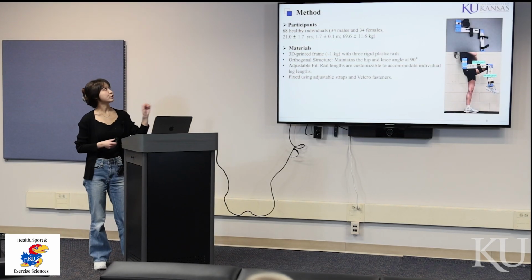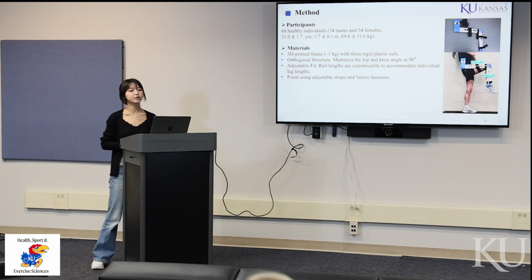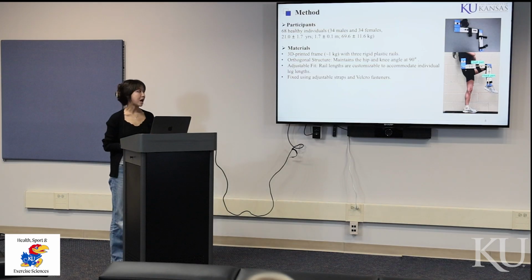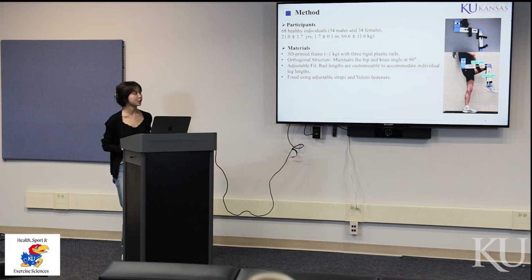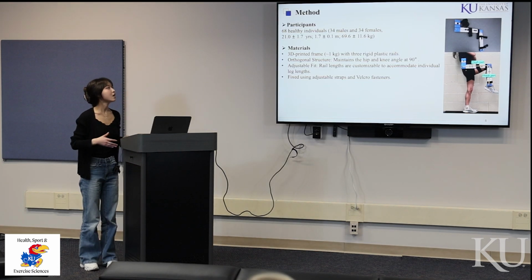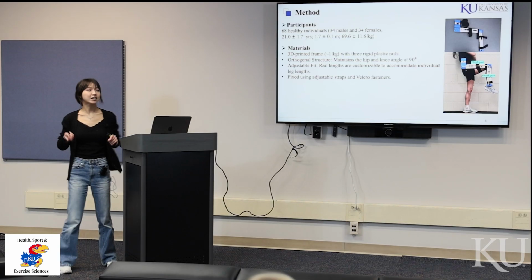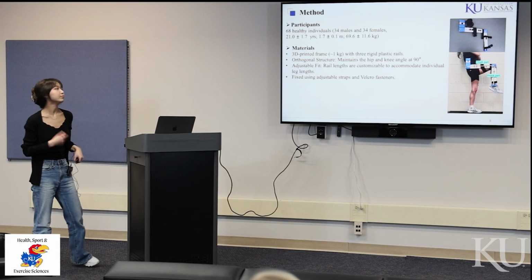For this research project, we recruited 68 healthy controls. For the external control condition I mentioned before, we use 3D print technology to make this frame. The goal of wearing this frame is that we want our participants to keep their hip and knee angle at 90 degrees while jumping.